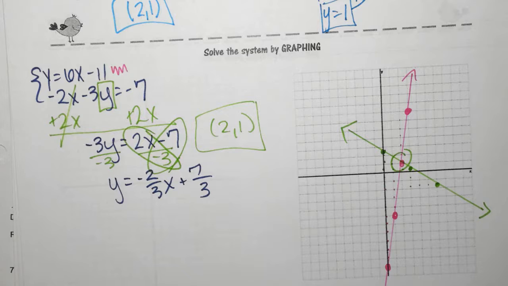Now, who can think of the reason why we're doing this, other than because Miss Asbury likes to torture you? What do you think the reason is we're doing it all 3 ways? Kinda for the test, but why would I want you to do all 3 ways in general? So you can know. And also, what if I said pick whatever method you want?